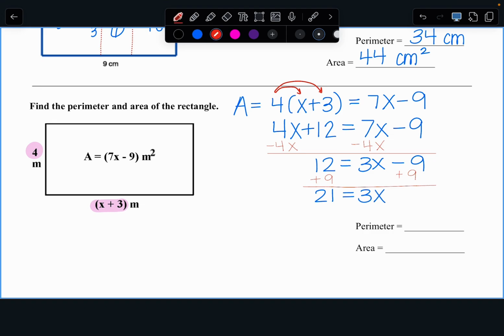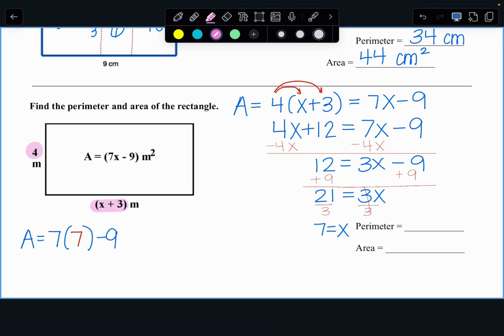What would we do to get x by itself? Divide by 3, good. So 7 is equal to x. Now that we know what that is, we can plug it back in to solve for the area and perimeter. Area was 7x minus 9.